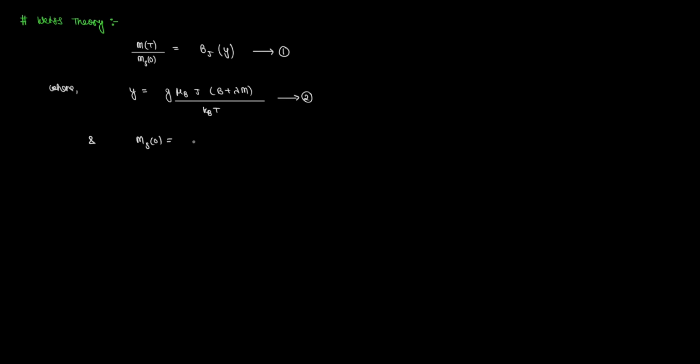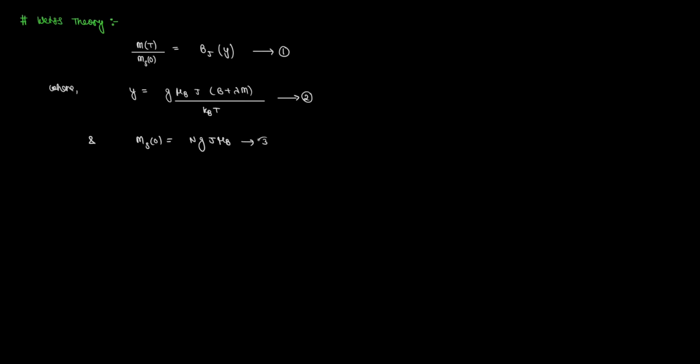So first of all, let me give you the equation we derived in the last lecture. In the previous video, we saw that the ratio of spontaneous magnetization to the saturation magnetization was equal to the Brillouin function, where y was equal to g mu_B J times (B plus lambda M) divided by k_B T. And the saturation magnetization is given by N g J mu_B.